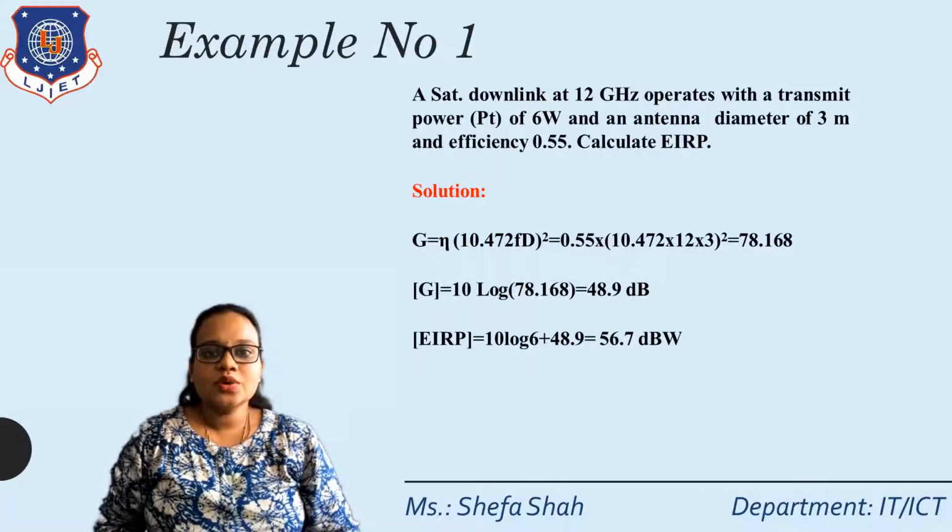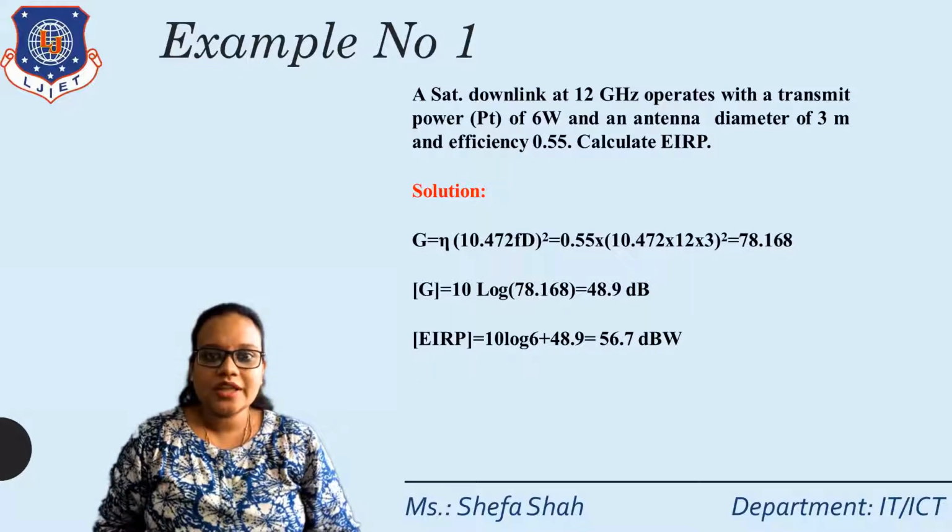Now, we need to calculate EIRP. In the space link, whenever we need to calculate the power received, power transmitted, or the losses in satellite communication, we always calculate in terms of decibels.